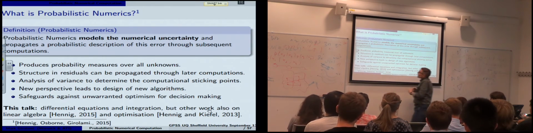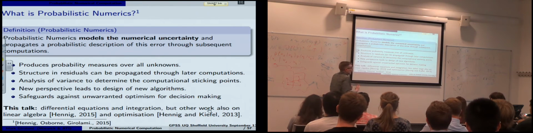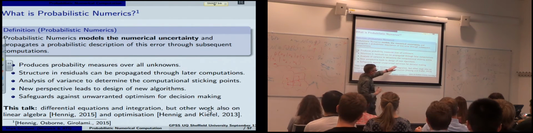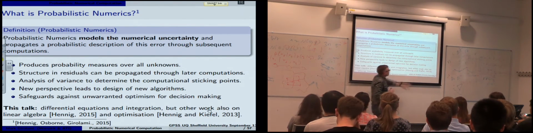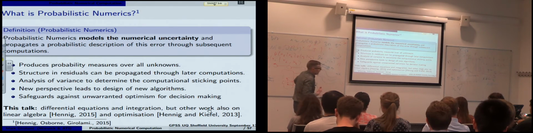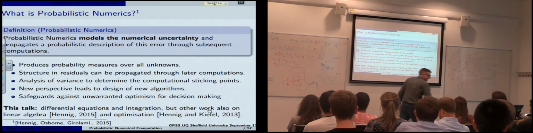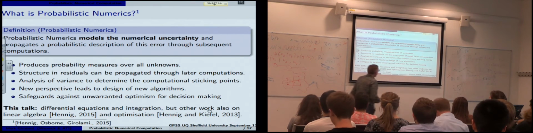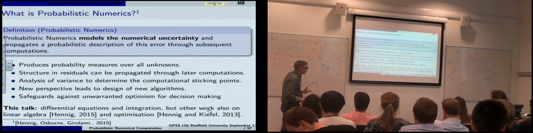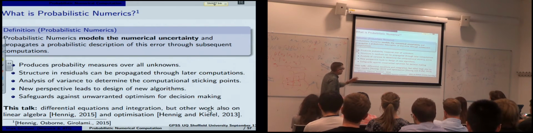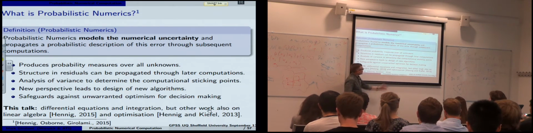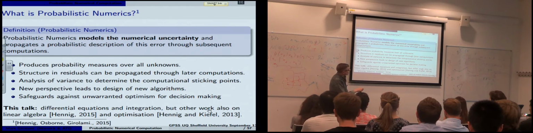And there are definitely computational sticking points, shall we say, when it comes to problems of that size. And being able to identify where they are, again, from a probabilistic perspective, is turning out to be extremely important.